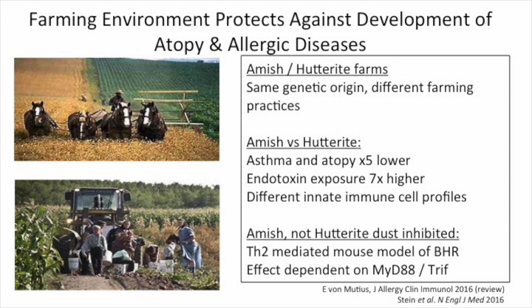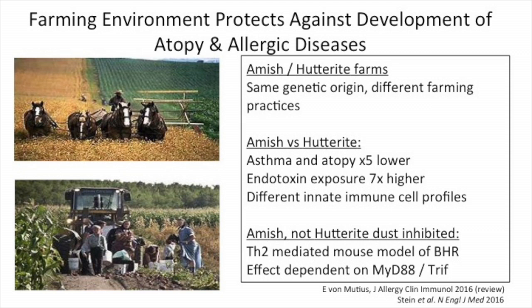Now, the Amish came to North America, I think it was 300 years ago, if not longer, and at some point split, according to religious differences, into two groups. The latter group, the Hutterites, split off because of differences in religious thought.